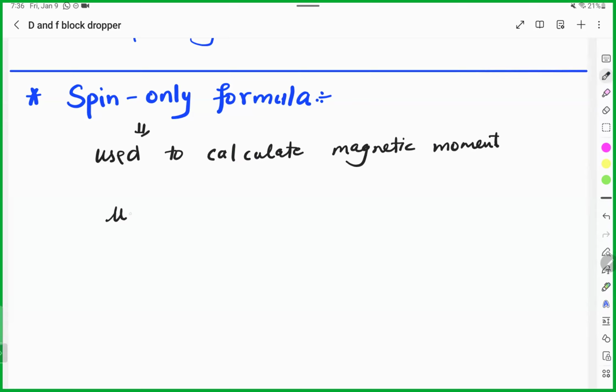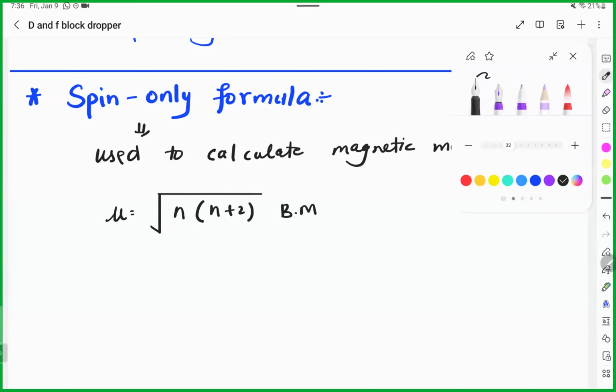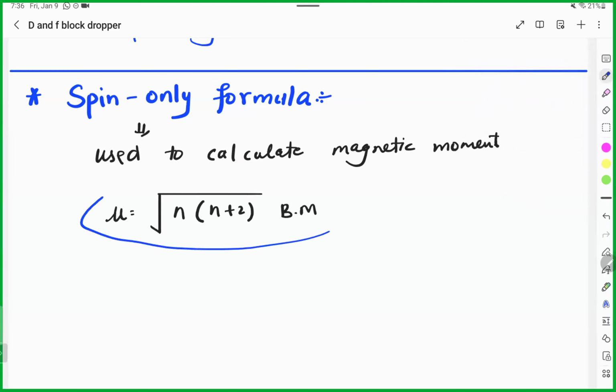So this magnetic moment is √(n(n+2)) Bohr magneton, correct? We already solved a lot of questions. It's just a quick revision.